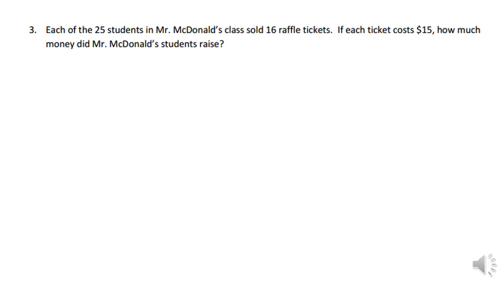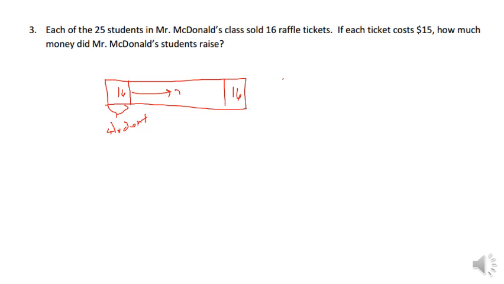Okay, each of the 25 students in Mr. McDonald's class sold 16 raffle tickets. If each raffle ticket costs $15, how much money did Mr. McDonald's class raise? Okay, so if I were to draw a tape diagram on this, it would be a two-step problem. First one, I know that each student, and this is one student, sold 16 tickets.